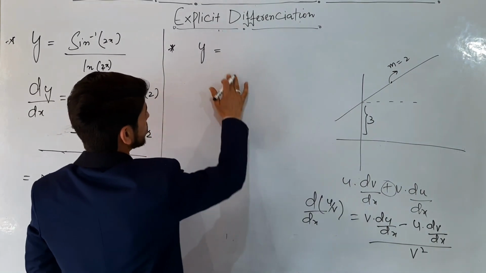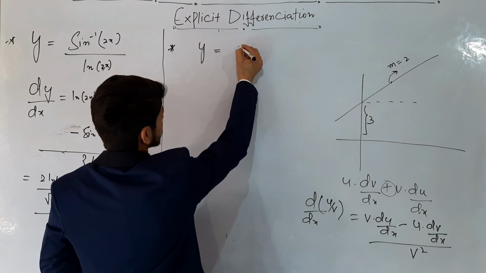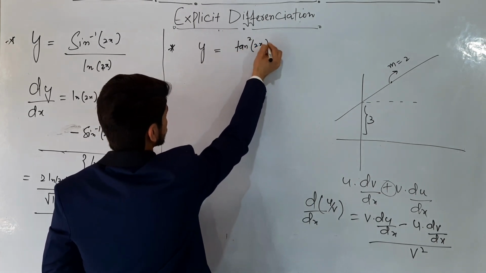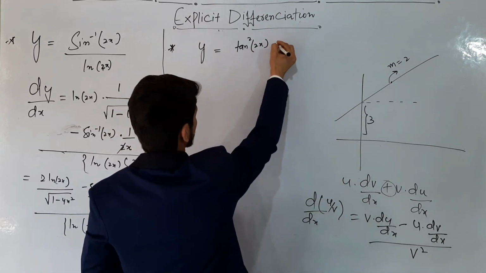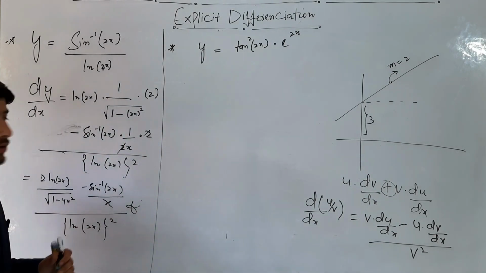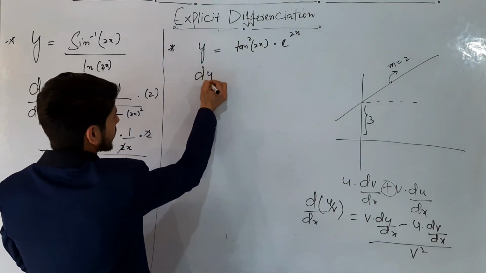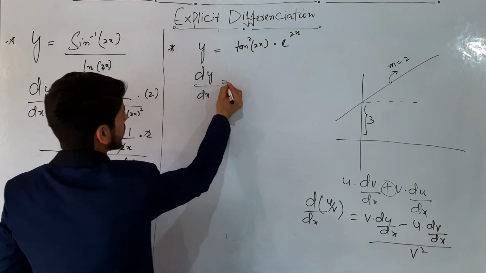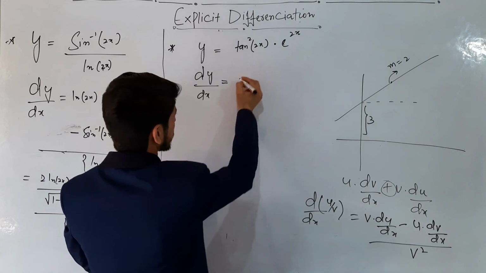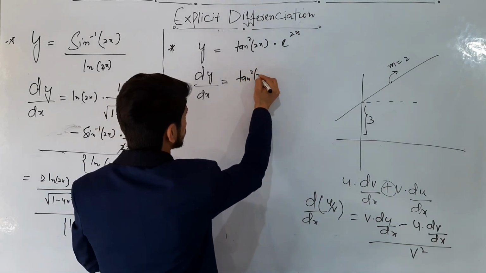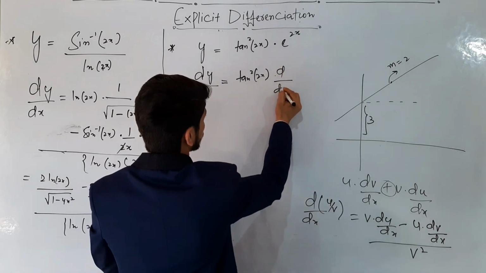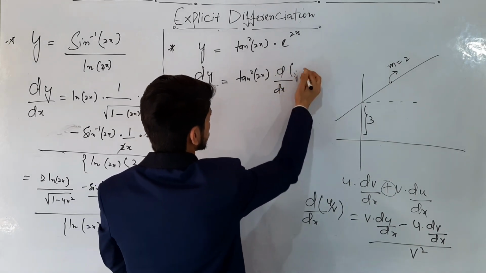y is equal to, we will take a function. Suppose it is tan square 2x, and the product will take e power 2x. With derivative, it will be dy upon dx. It will be equal to, as it's a product of two functions, we will take tan square 2x there, and we will find the derivative of e power 2x.